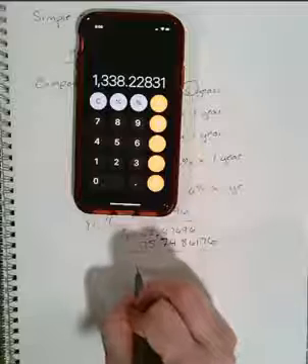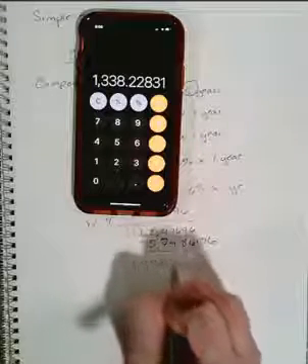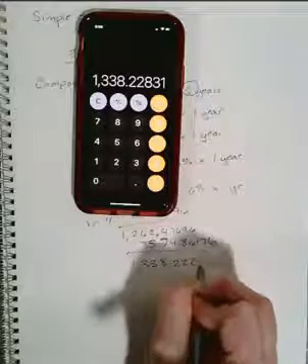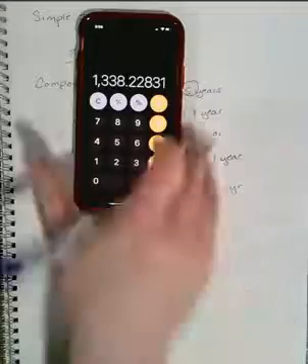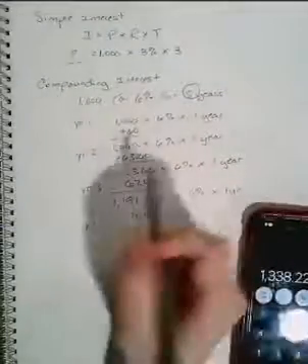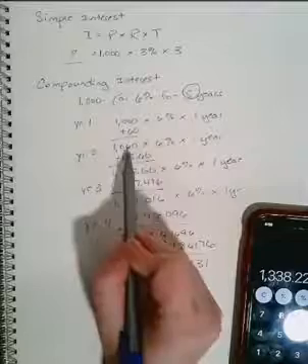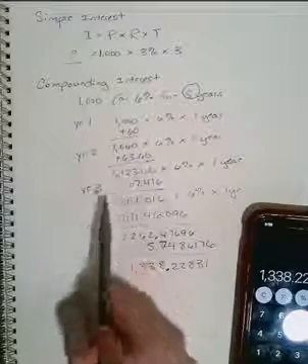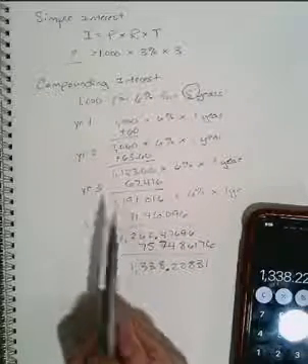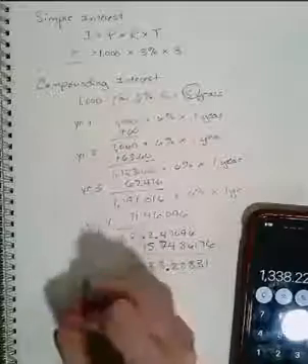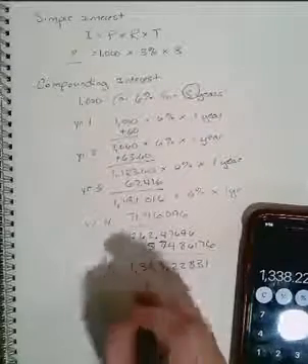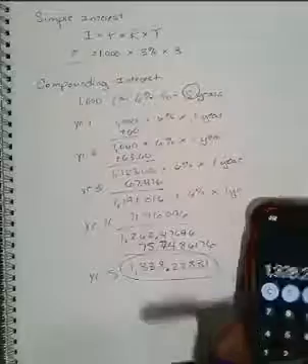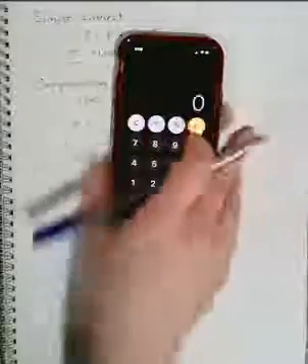All right, 1,338.22831. Okay. This was the end of year 1, the end of year 2, end of year 3, end of year 4. So this is year 5. Okay, so that took quite a few steps.